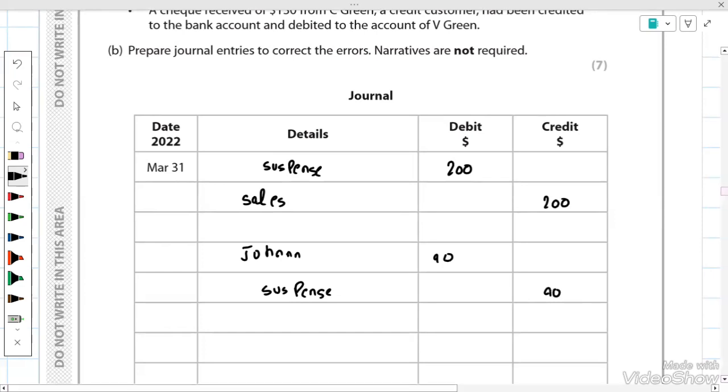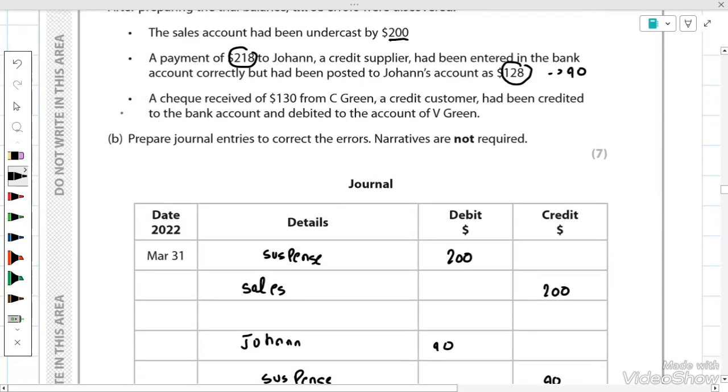Okay. So the last error is a check received of $130 from C Green, a credit customer. So he is your credit customer, and you received $130 from him. It had been credited to the bank account and debited to the account of V Green. So we think that maybe V Green is also our customer, but we mistakenly recorded 130 in V Green's account.